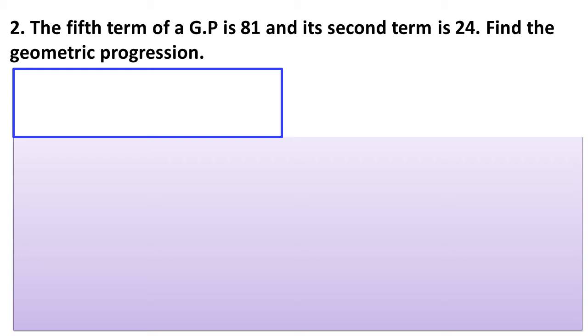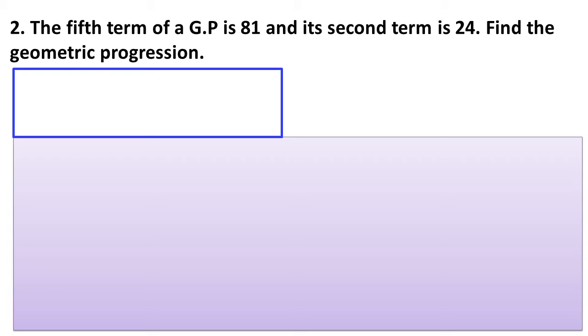If the value of two terms were given, we used to find the AP by considering those two results, and two equations were formed. After simplifying the equations, we used to get the value of A and D. That was the method followed in AP.